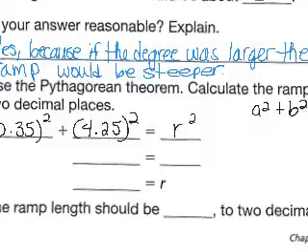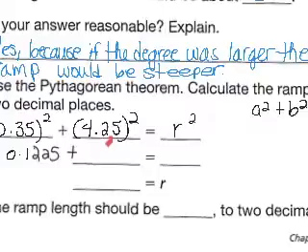So we're going to figure out what 0.35 squared is. So you're going to punch that into your calculator. You're going to use your x squared button. So 0.35 squared, hit equals, and it's going to tell us that it is 0.1225 plus, and I want you to find out what 4.25 squared is.